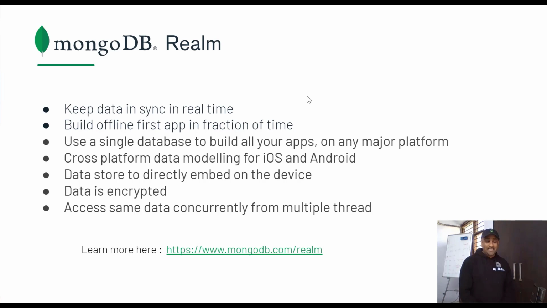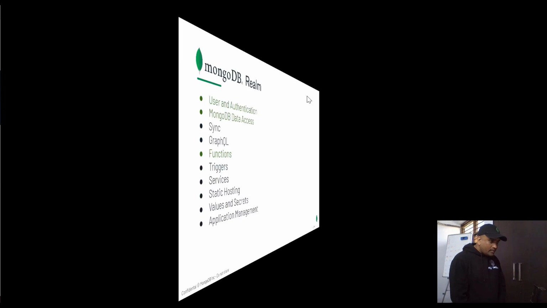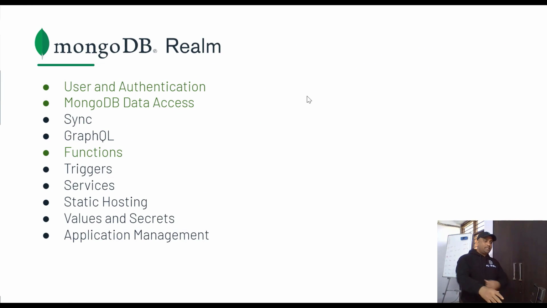Data is encrypted and stored directly embedded on the device. You can access the same data concurrently from multiple threads. Again, read more about that at mongodb.com/realm. In our application, out of all the features of MongoDB Realm, we are using user authentication, MongoDB data access, and functions. And we will look into that.